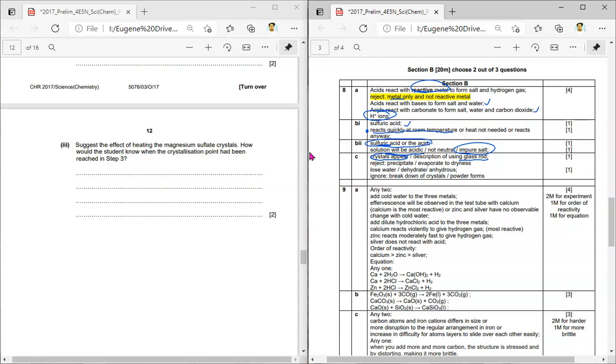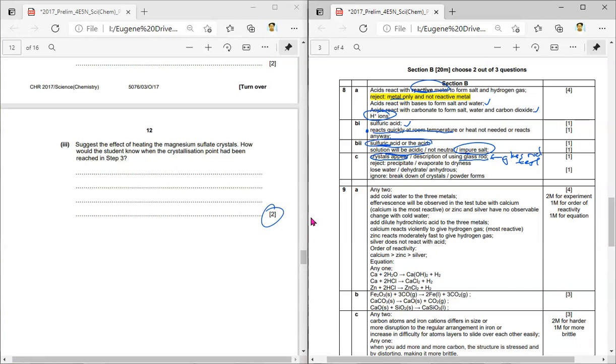So for these 2 marks here, obviously, you cannot say crystals appear only. I think really, for this part, we are looking at seeing crystals appearing together with the glass rod test. Those of you who do not know what a glass rod test is, go to your chapter 3 under crystallization. You will read more about it.